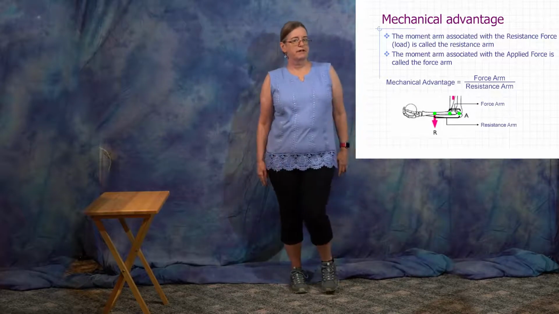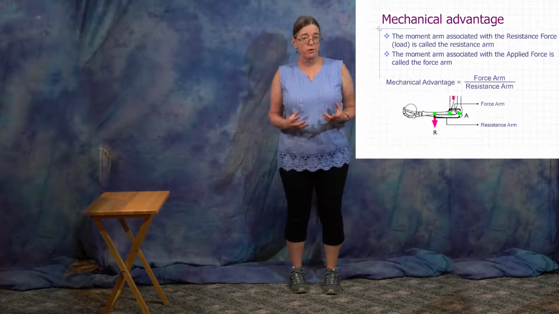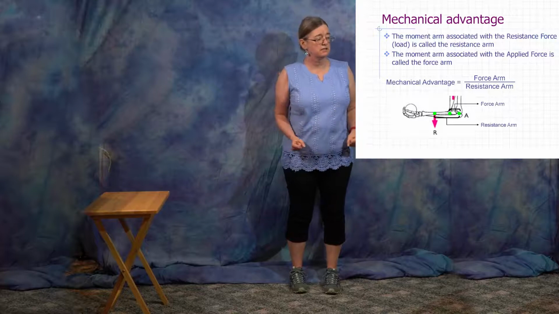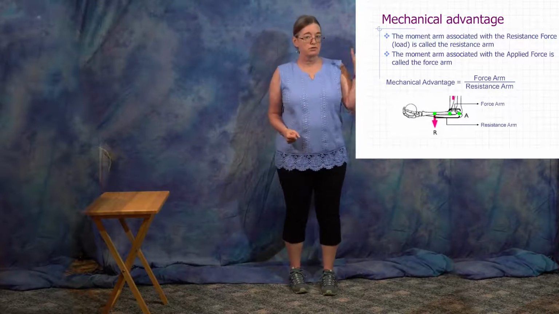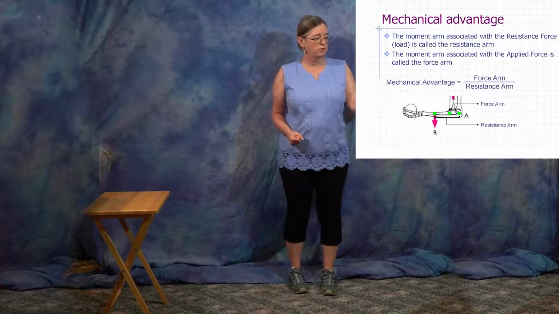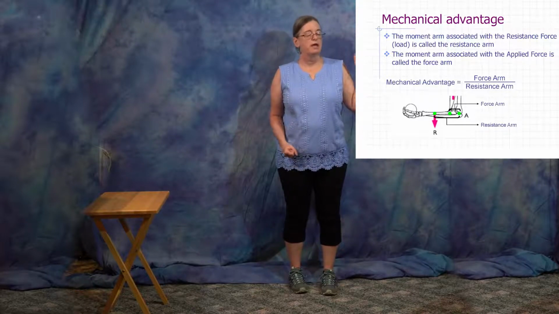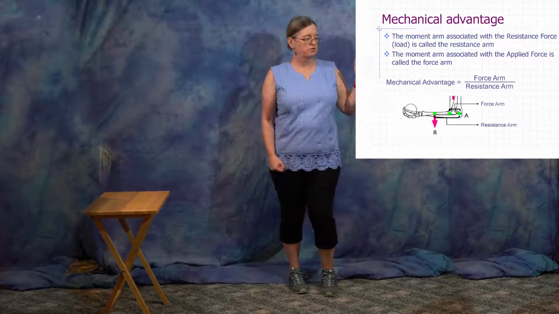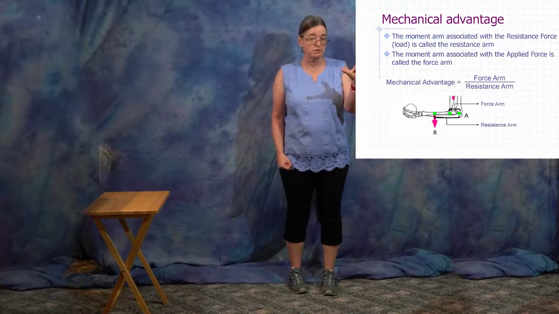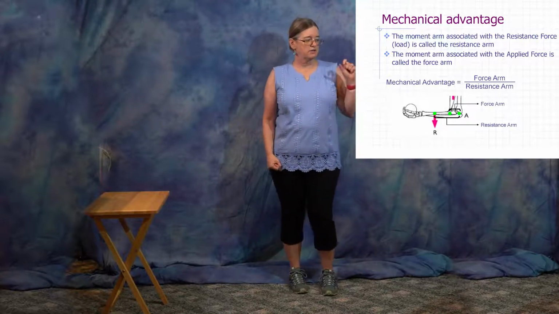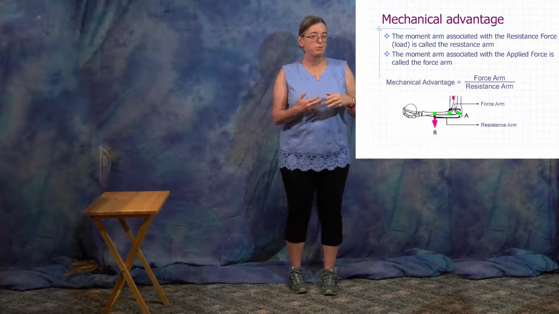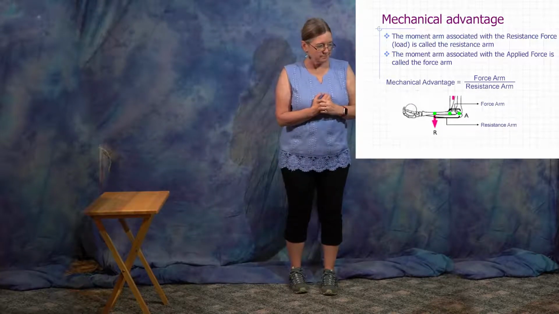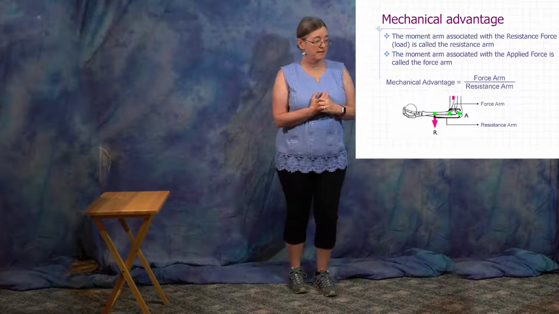So a mechanical advantage does capture that whole idea of the force advantage. You take the moment arm associated with the load, that's called the resistance arm, and the moment arm associated with the applied force, and that's called the force arm, and you look at the ratio between the two, and that's the mechanical advantage.